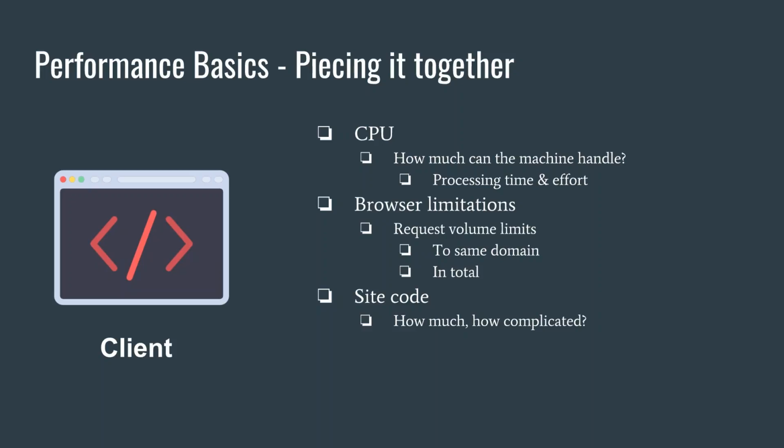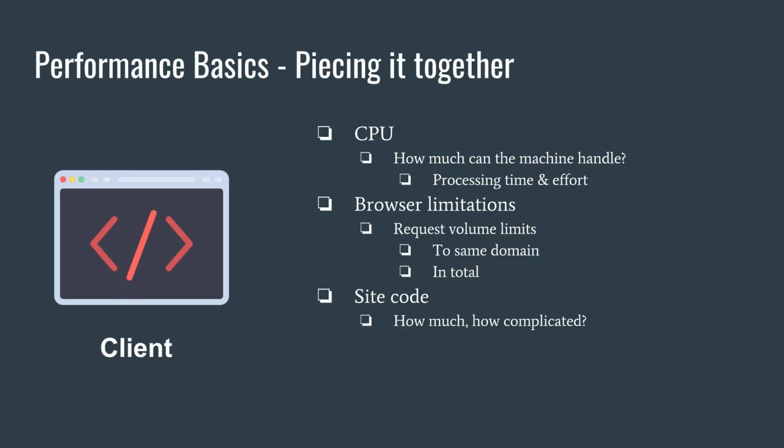Some are going to be stronger than others. With the CPU, that's going to depend upon your user's machine. If they're using a very high-end computer, you're going to have more CPU. If they're using something like a Chromebook or a mobile device, it's going to be much more limited.